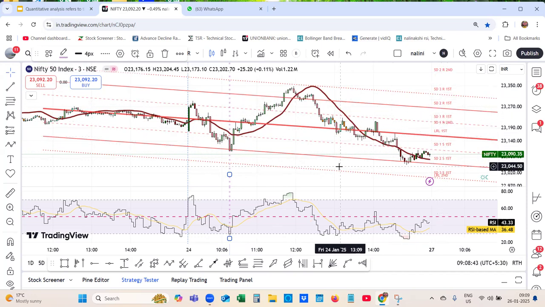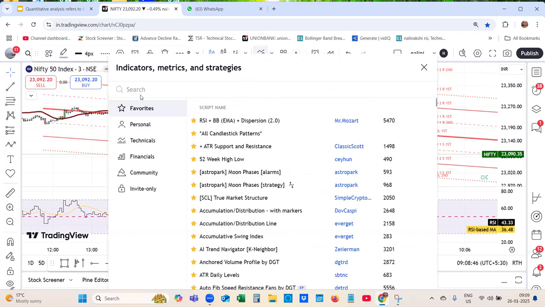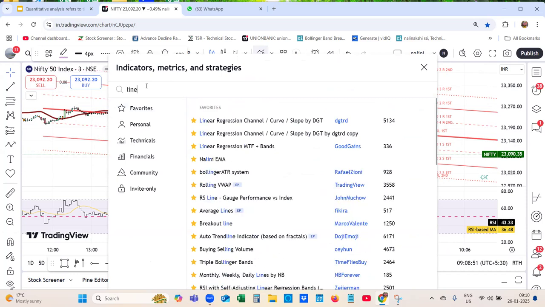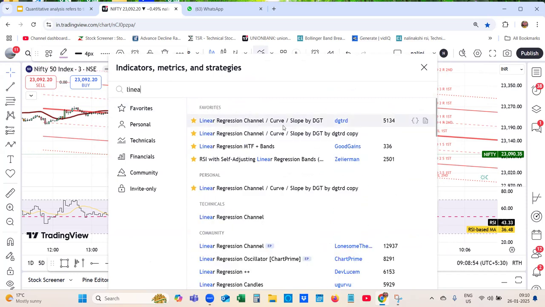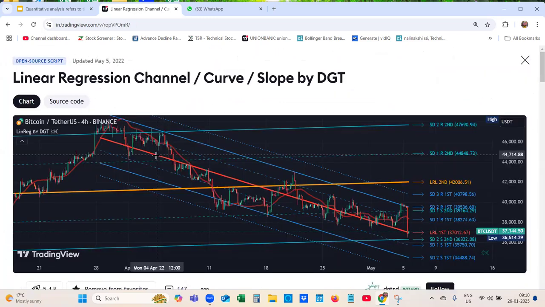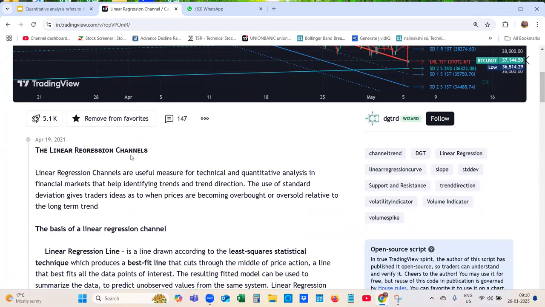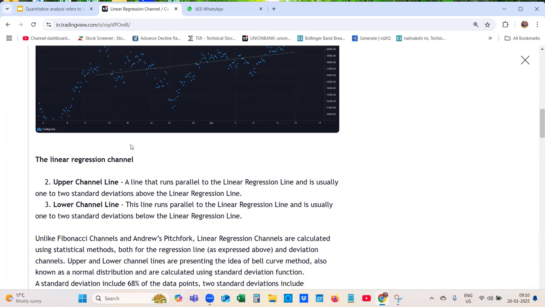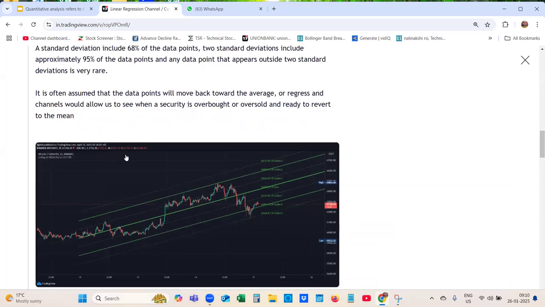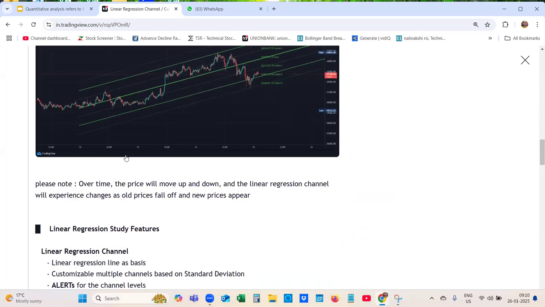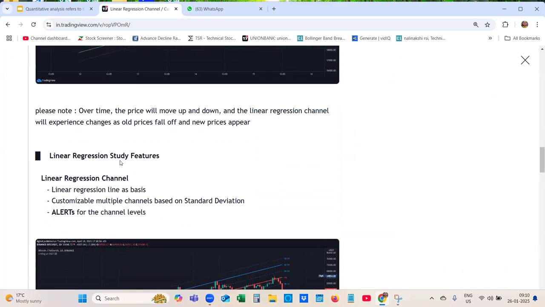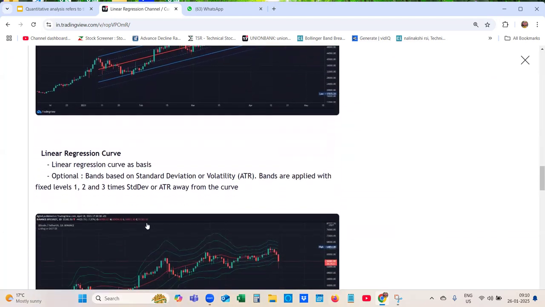You can go to the indicator section, type in linear regression channel, slope, DGT by DG trend. If you click on this, you can read more. You can go through how it has been constructed, and understand the indicator and the concept better.